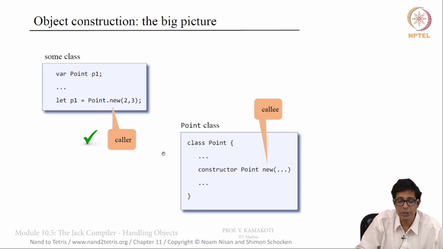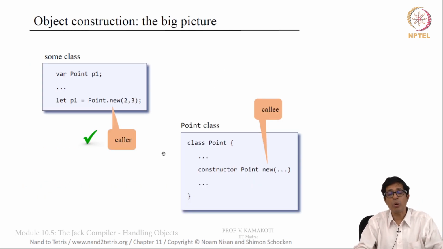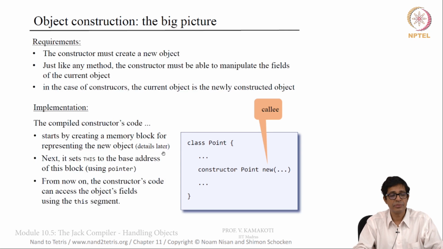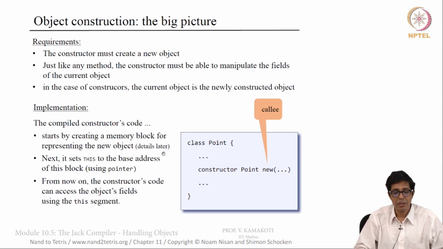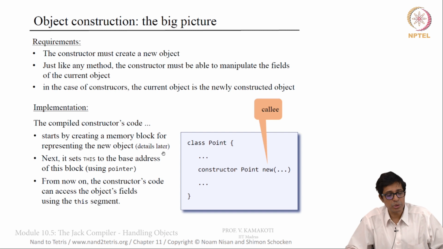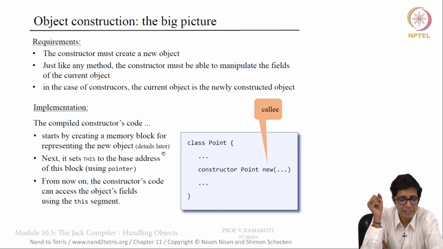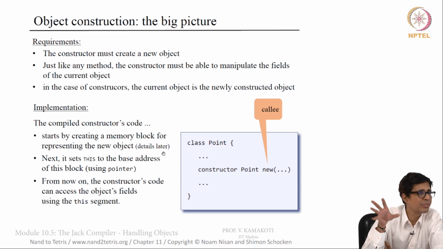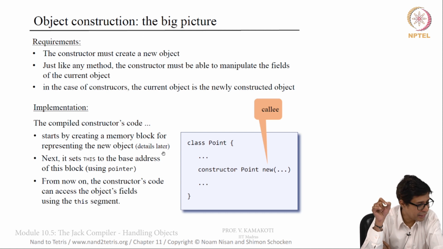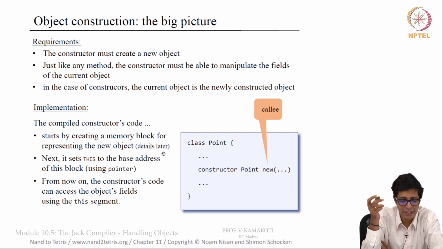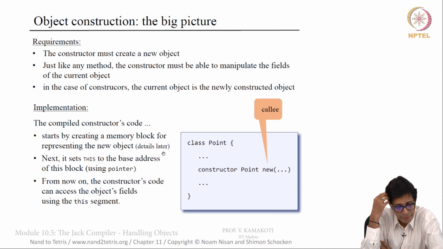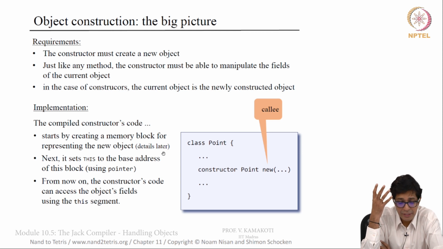But now we need to see what is going to happen at the callee routine. So what is the callee supposed to do? This is a constructor, so it should create a new object, and just like any method, the constructor must be able to manipulate the fields of the current object. So I create an object and I put one as 2, another as 3, etc. Now the current object is returned back.